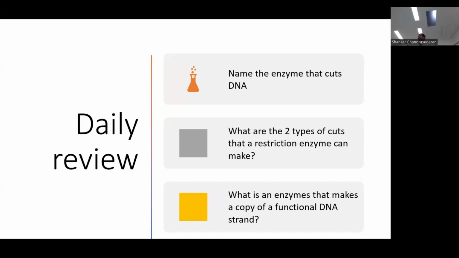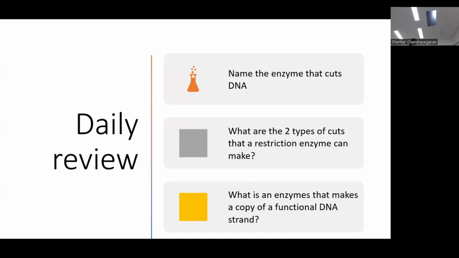So what are these two cuts? Ayman. Sticky. So yes, this is a sticky end and this is a blunt end. Sticky end, because it has nucleotides hanging, which act as an attraction for the correct type of DNA strands in the correct direction. Whereas with blunt ends, there's no attraction, so it is less precise in what it does.